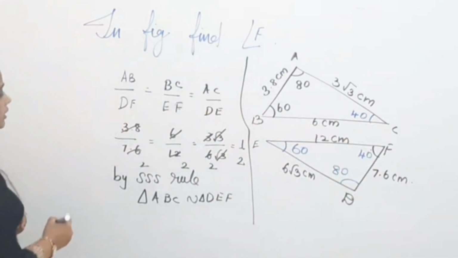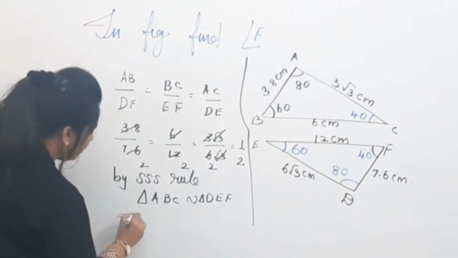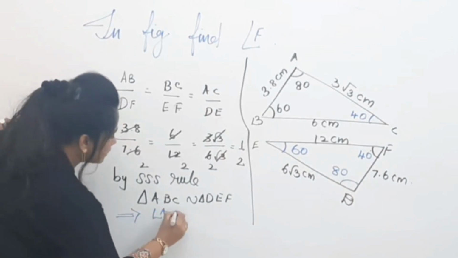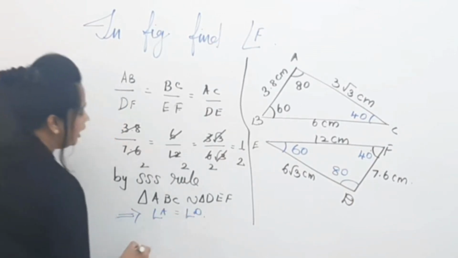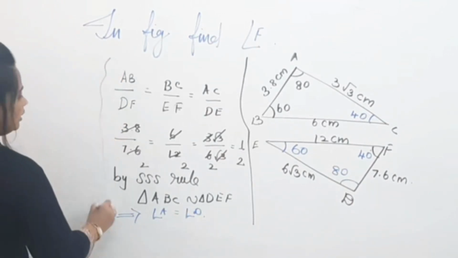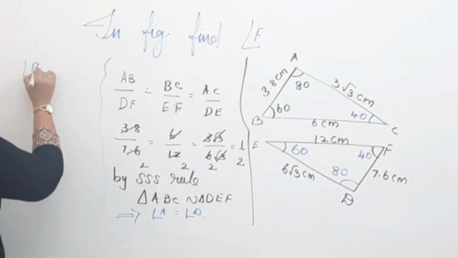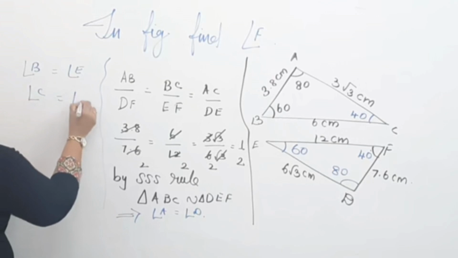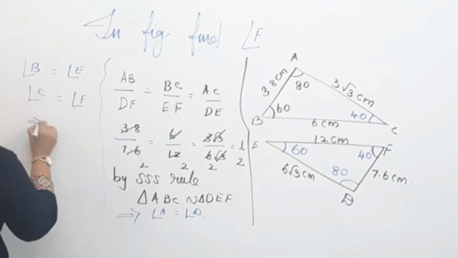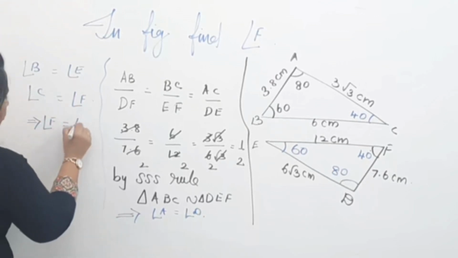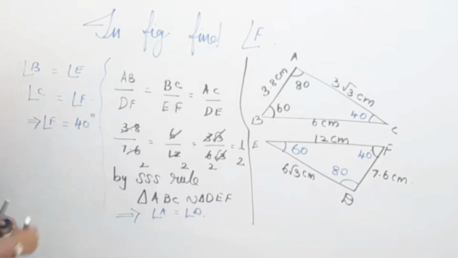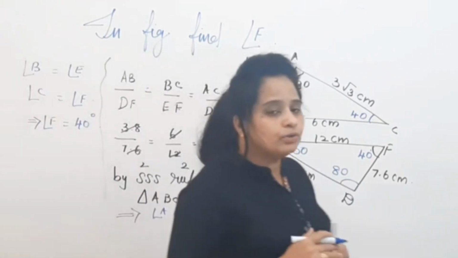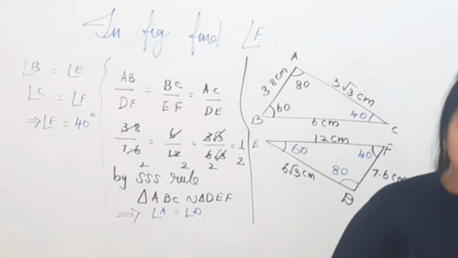That implies angle A is equal to angle D, angle B is equal to angle E, and angle C is equal to angle F. Implies my angle F is equal to 40 degree. Hope everyone understood how to get your similarity.